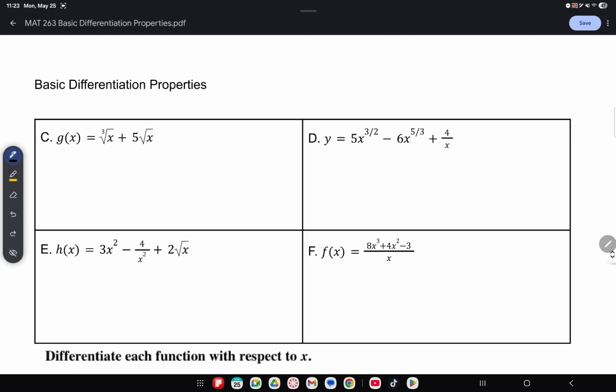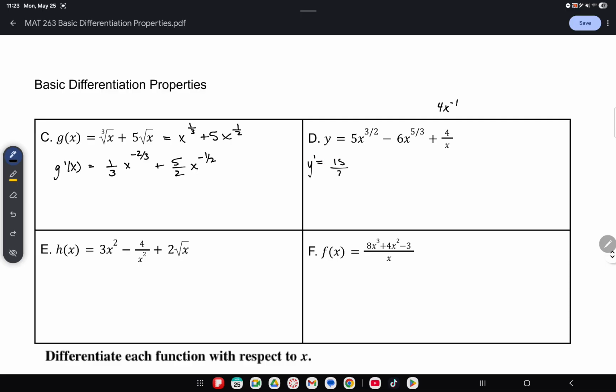Let's do some more here. Maybe I want to rewrite that as x to the 1/3 plus 5x to the 1/2. So that my derivative will be 1/3 x to the negative 2/3 plus 5/2 x to the negative 1/2. All right, I might want to rewrite this last term for x to the negative 1 to then do a derivative.